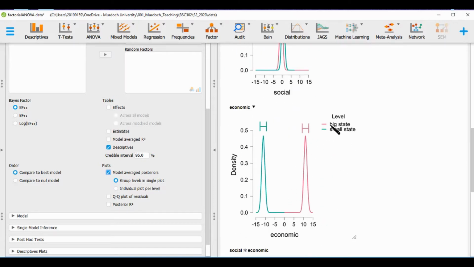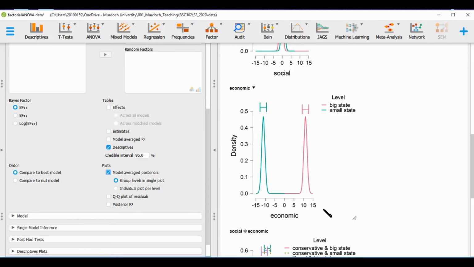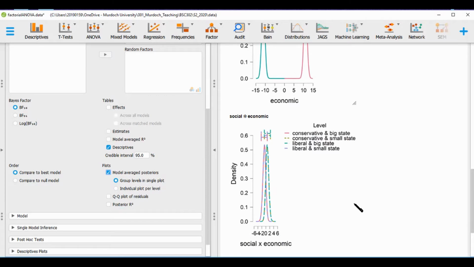But when we have big state versus small state, that makes the difference. So the social views are not related to how much they agree with the tax. Their economic view has an effect on their agreement to a new tax. Okay, this one contains the 4 conditions, and there is a lot of overlap, so it's not very useful.